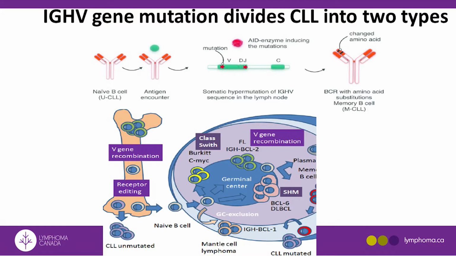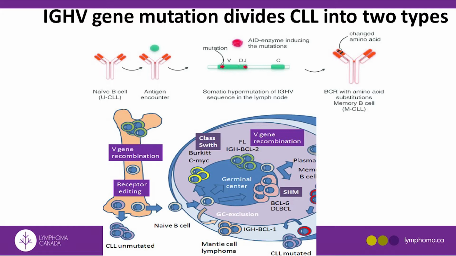In the lymph nodes, once a B cell encounters an antigen and starts getting stimulated through the B cell receptor, there's a protein in these regions that actually deliberately puts mutations into the B cell receptor. The reason for this is to increase the ability of these B cells to bind to the foreign objects, the antigens that have stimulated them in the first place, and more efficiently clear the bacteria or the infectious agent.